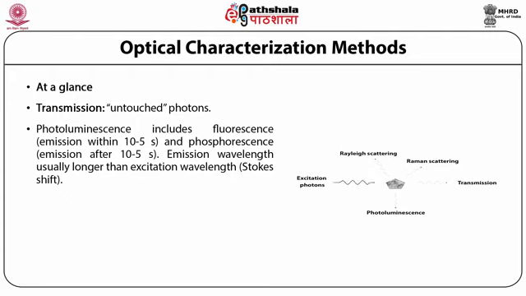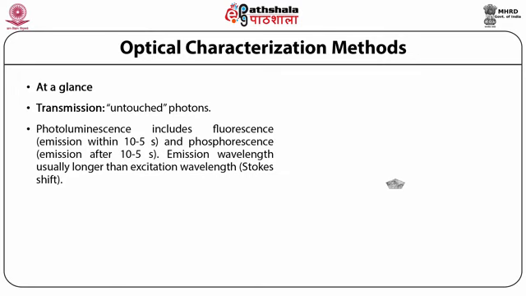Second, photoluminescence, which includes fluorescence, emission within 10 to the power minus 5 seconds, and phosphorescence, emission after 10 to the power minus 5 seconds. The emission wavelength is usually longer than the excitation wavelength, the Stokes shift.